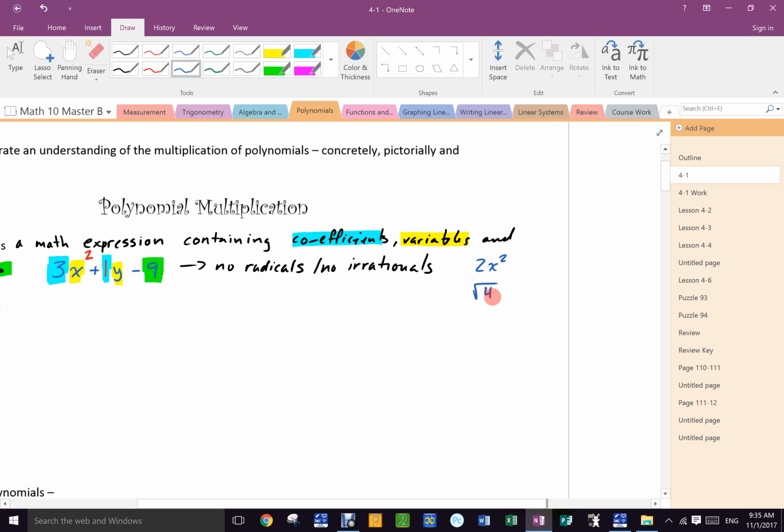The square root of 4x. Is that a polynomial? So this one is. What about that one? I have two A students. One is saying yes, one is saying no. Is that a polynomial?